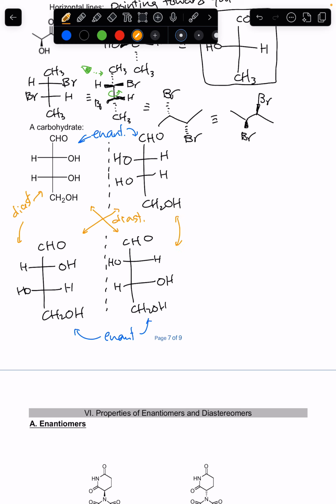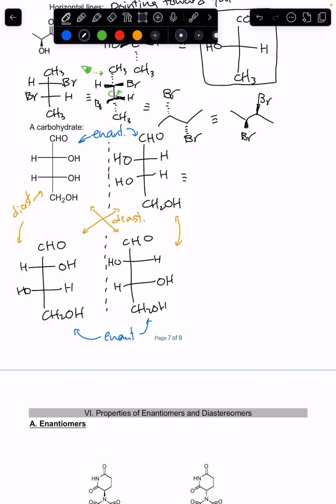Here's a good test for you. See if you can translate one of these into the regular zigzag, wedge, and hash notation. Maybe stop the video and see if you can do it. The easiest way to think about this, if you don't want to make a model, is to imagine looking at it from one direction and rotating every other bond so that it forms a zigzag.